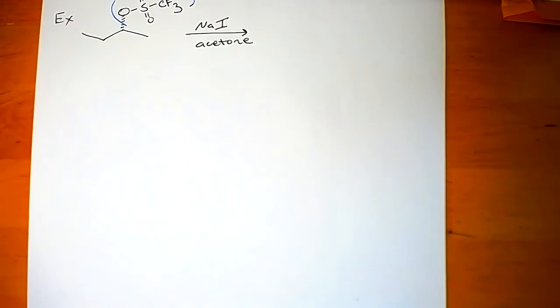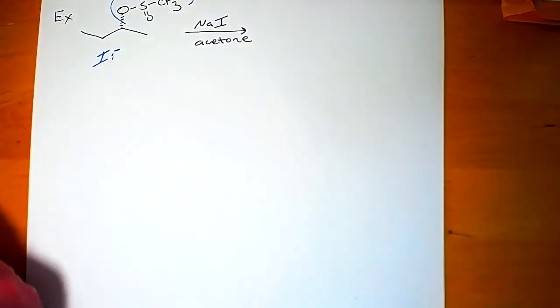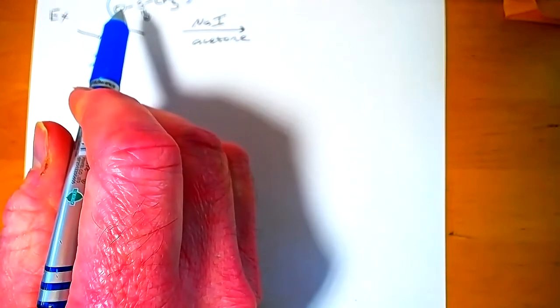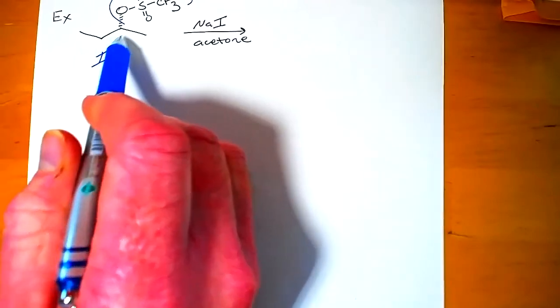Now, do I have a good nucleophile? Yeah, iodide is a fantastic nucleophile. Are there sterics associated with this system? Okay, well, not really. Not a whole lot of sterics here. This is secondary.